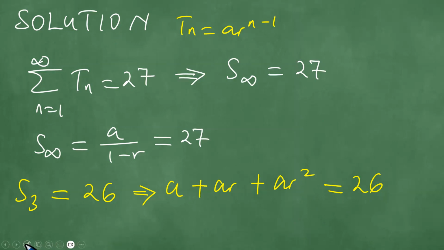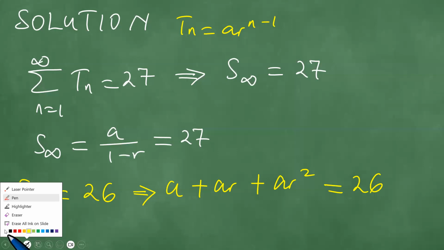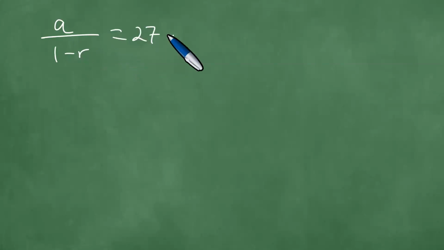So we have two equations. What are the two equations? The first equation is A divided by 1 minus R equals 27.